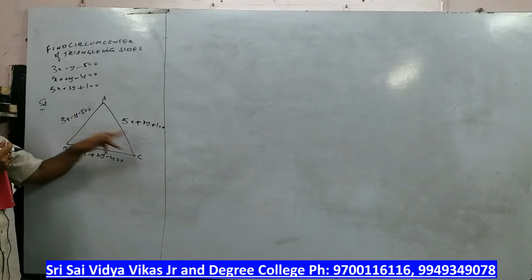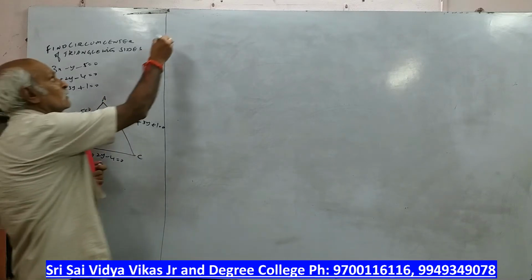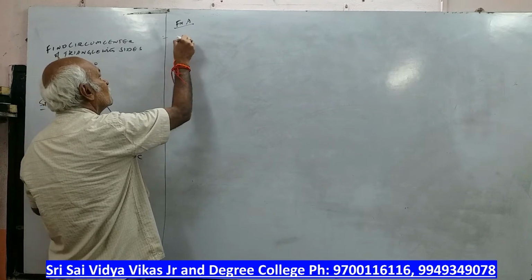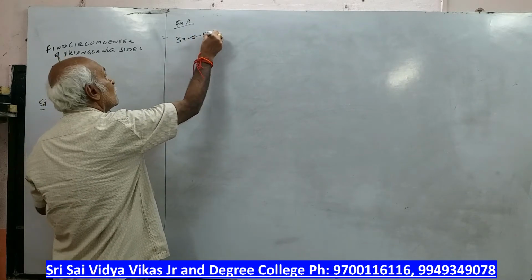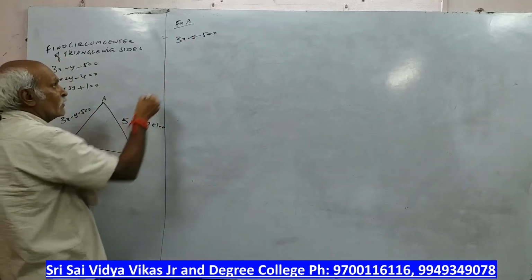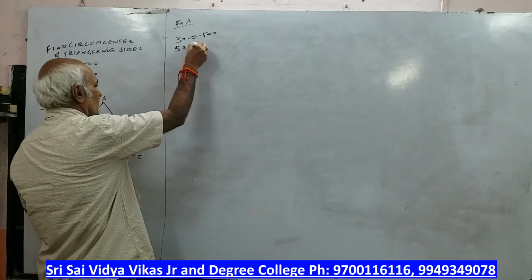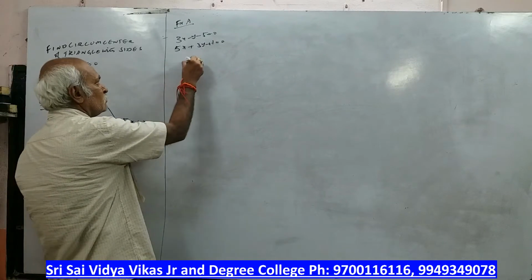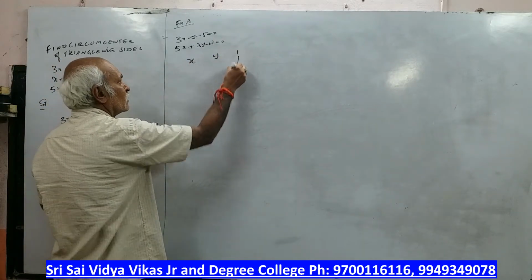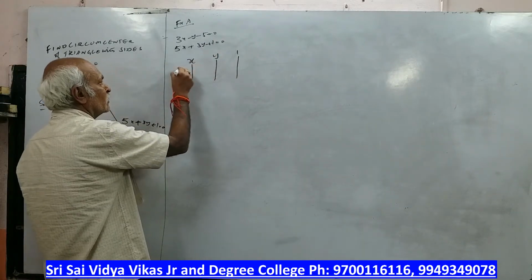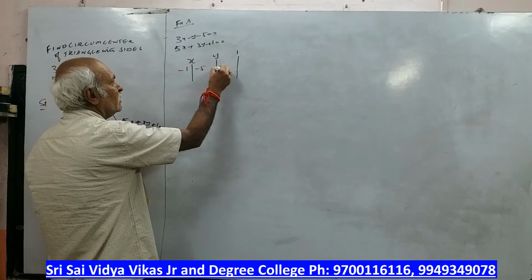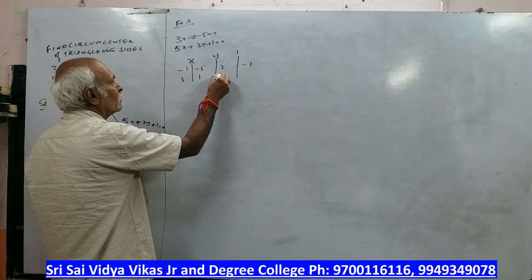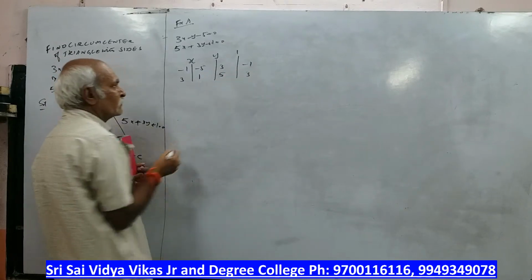Next equation. For A, which equations do you have to solve? This equation and that equation. So x, y, 1. So here minus 1, minus 5, 3, minus 1, 3, 1, 5, 3.